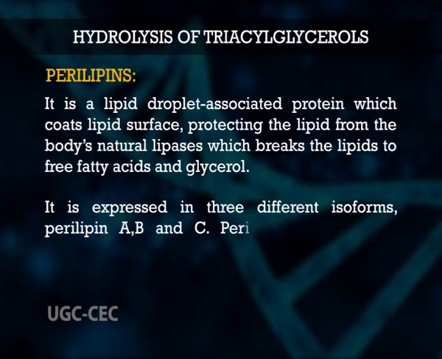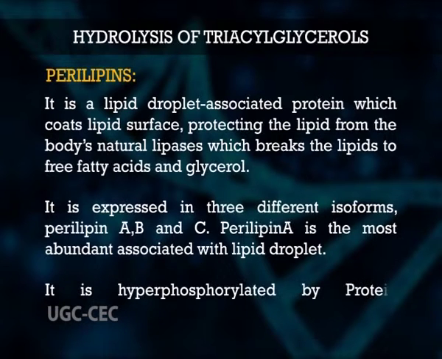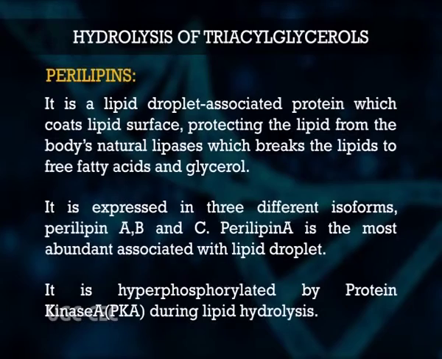Firstly, perilipin A, perilipin B, and perilipin C. So perilipin A is the most abundant associated with lipid droplet. It is hyperphosphorylated by protein kinase A or PKA during lipid hydrolysis.